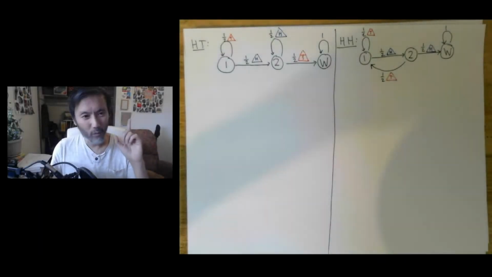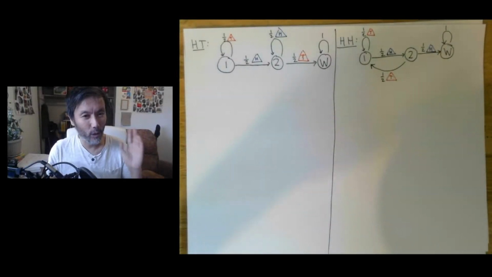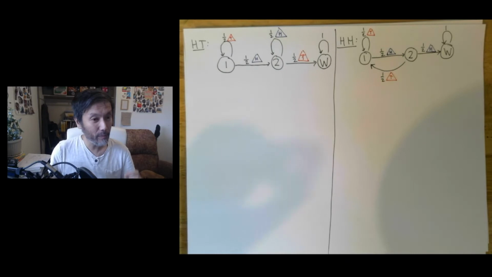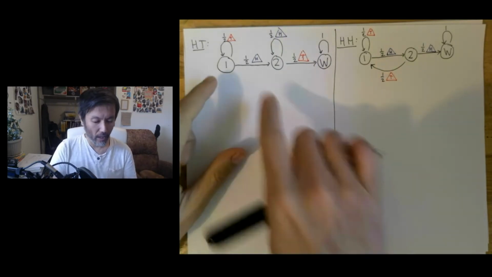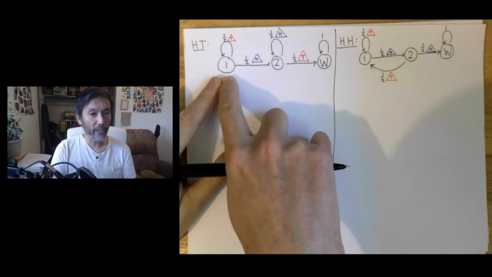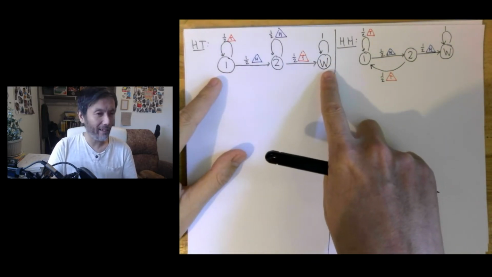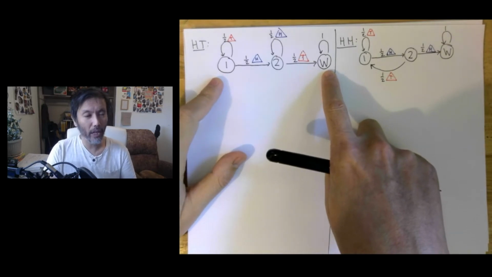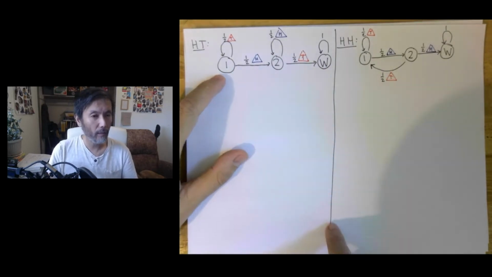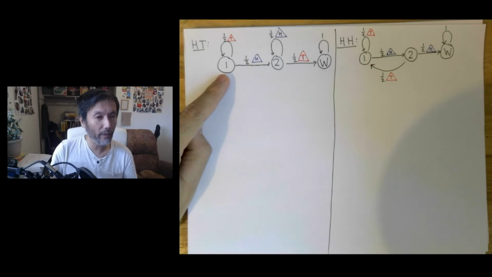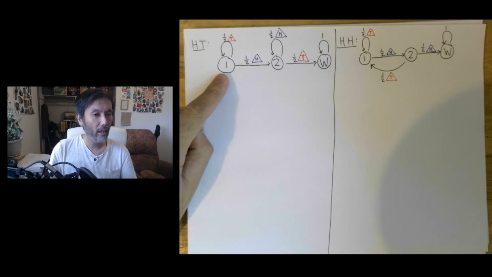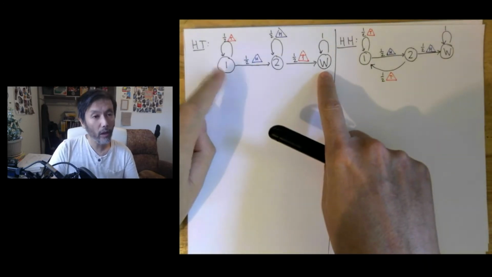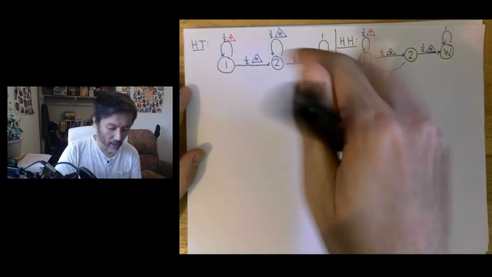All right, one last piece of the puzzle here. We're going to now compute the expected number of steps, or expected number of flips, until we reach this absorbing state W. And this is a remarkably simple calculation. Let's call the expected number of steps till we hit W starting at 1 E sub 1.